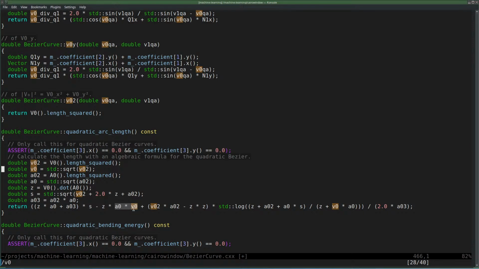I only need a0 times v0, you see, here as well, at least for this part, for the quadratic. But still, times z plus z, yeah.